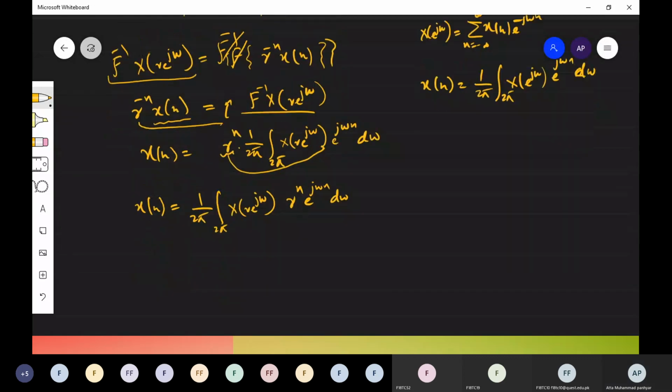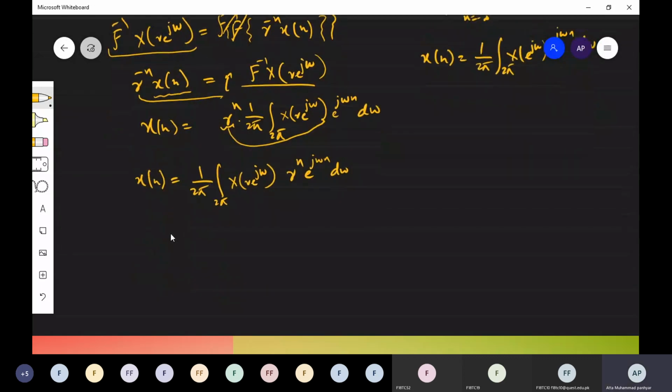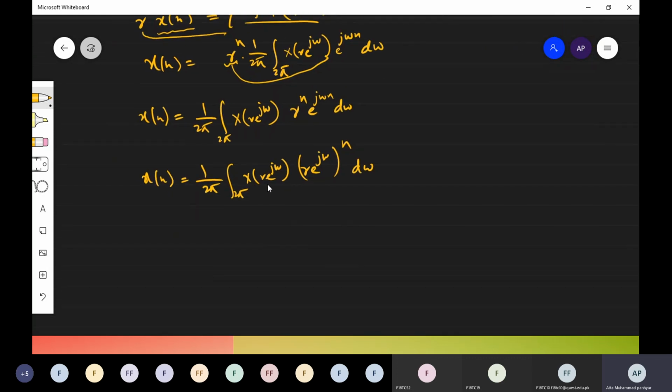Okay, now solving it further, x of n is equal to 1 over 2 pi integral over 2 pi of x of r e to the power j omega and r e to the power j omega whole power n, right? d omega.